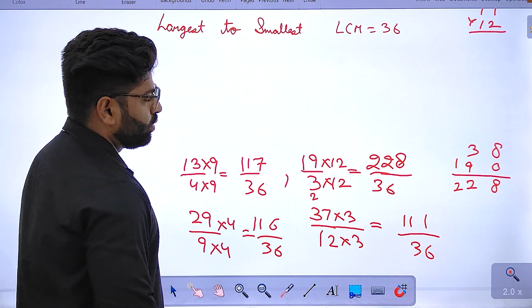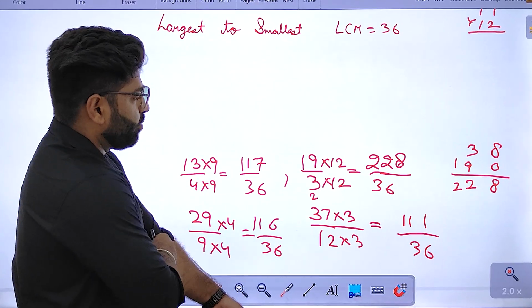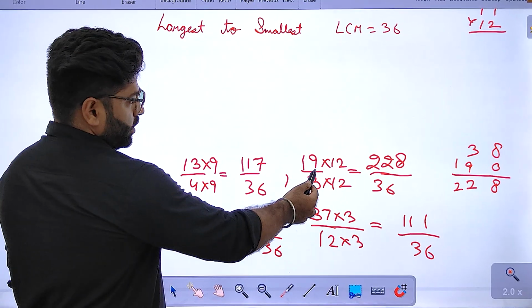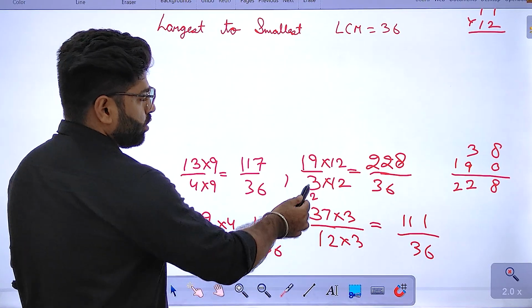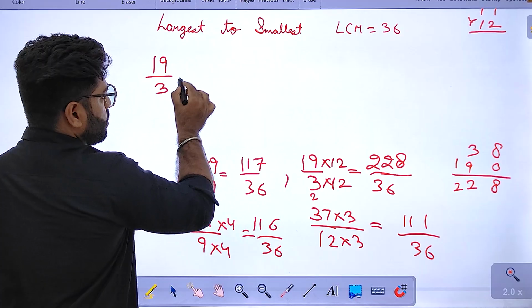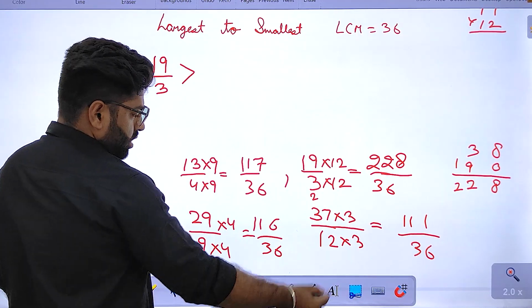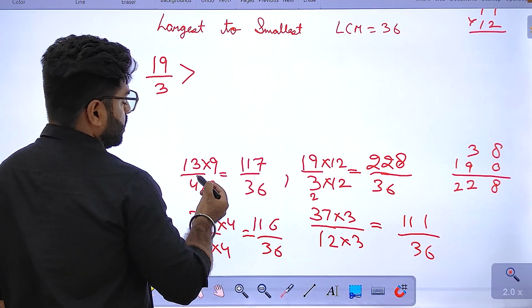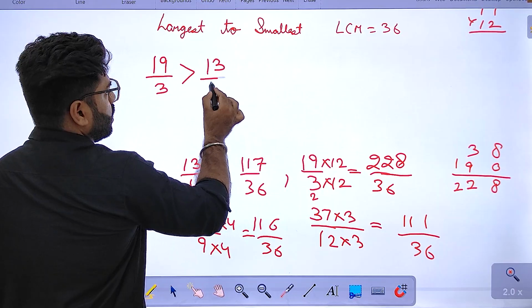So we have to look for the biggest one. The largest one is 228 by 36, and the original value is 19 by 3, so I'm going to write 19 by 3 first. Then smaller than this we have 117, which is 13 by 4.